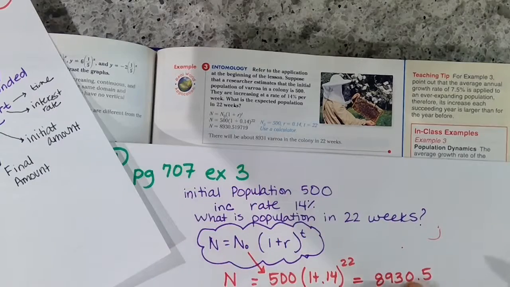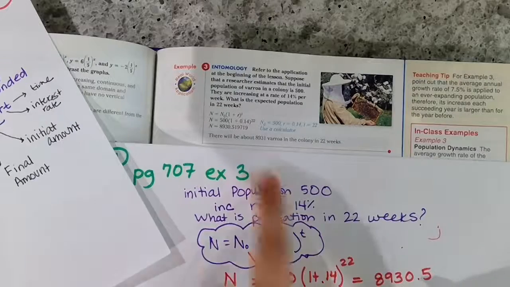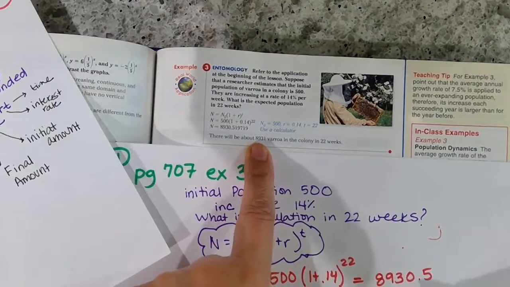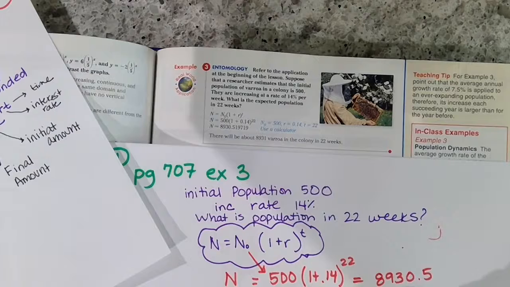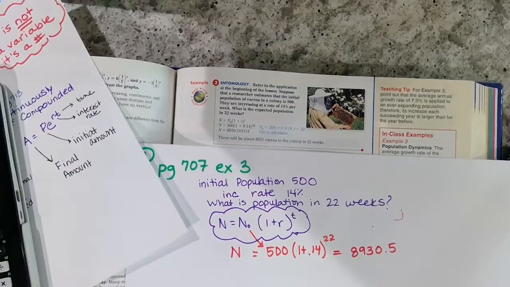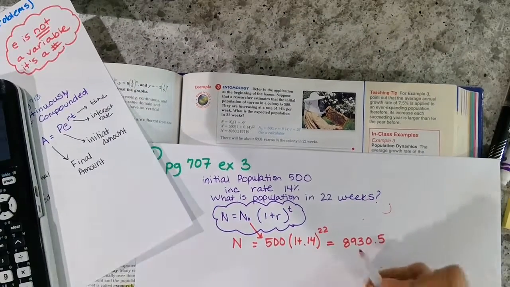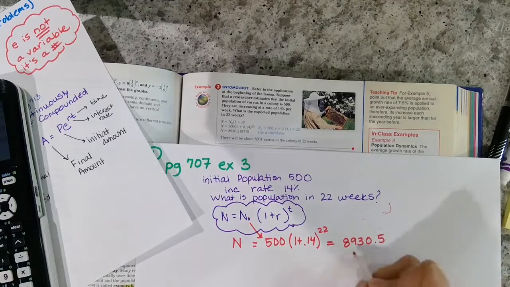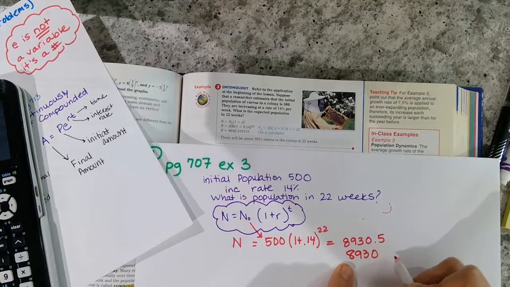In this case, you didn't have enough to make it 31, but you could have rounded it to the 30 or to the 31. So again, you would have about 8,930 varroa in the colony after a time period of 22 weeks or something like that. Okay, so wordy problems have wordy answers. And I'll round down, they round it up.